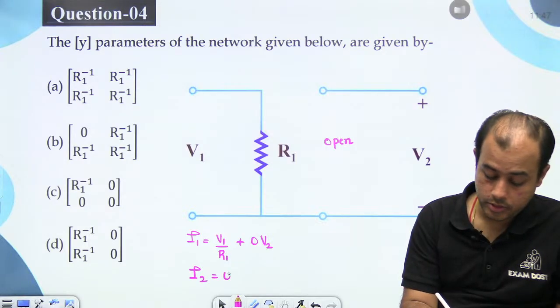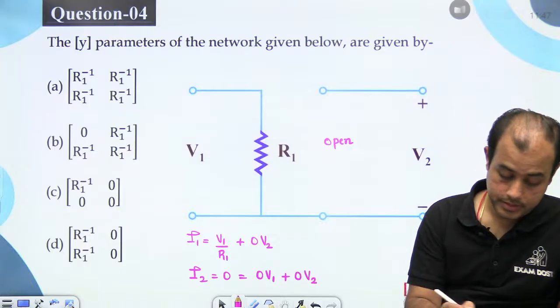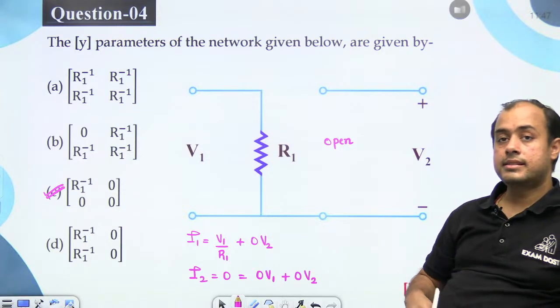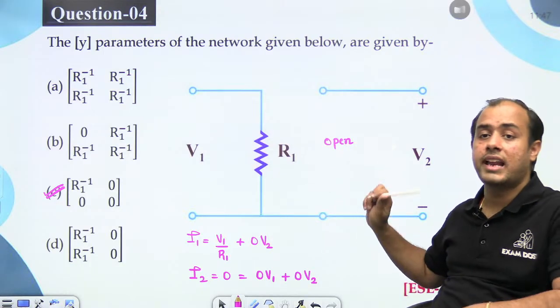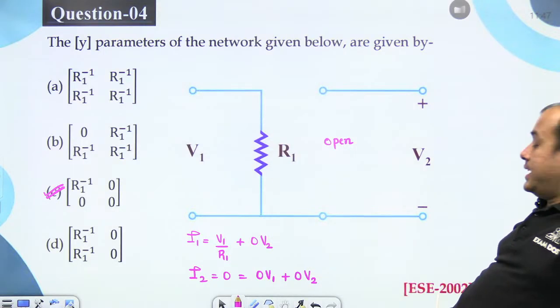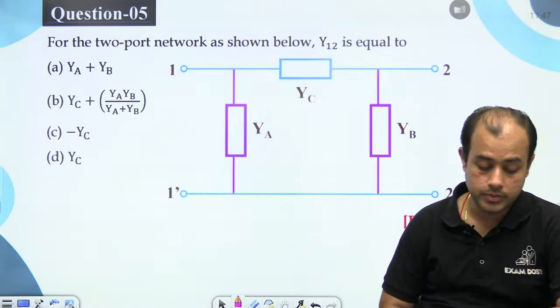So I2 is 0. So you can write 0 V1 plus 0 V2. So answer should be C. Very simple. Since current is 0 for all values of V1 and V2, it is 0 V1 plus 0 V2. This is from ESE 2002.